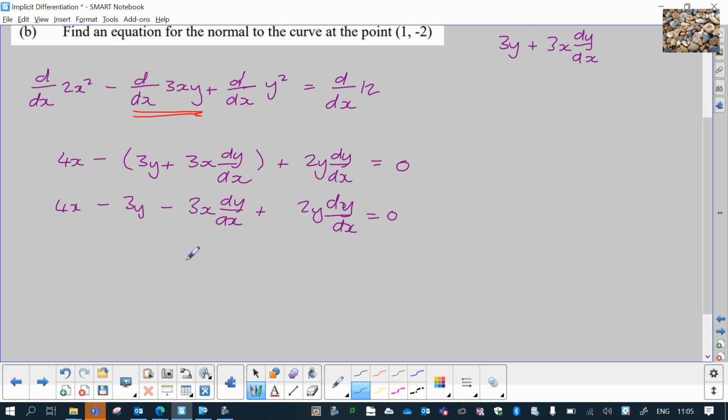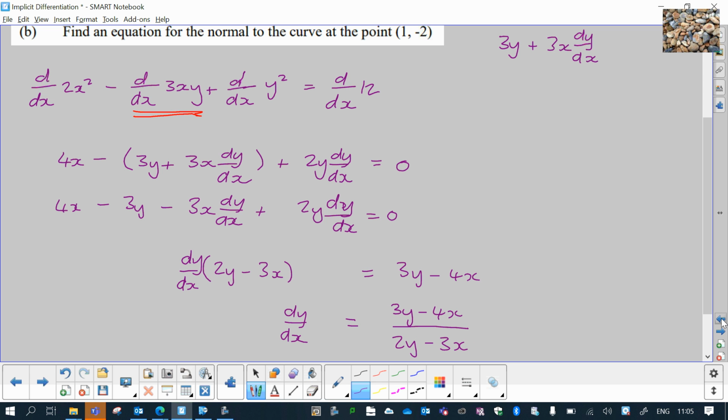So what we end up with is dy by dx of 2y minus 3x equals 3y minus 4x. That's just simplifying this and rearranging. So therefore, dy by dx is 3y minus 4x divided by 2y minus 3x.